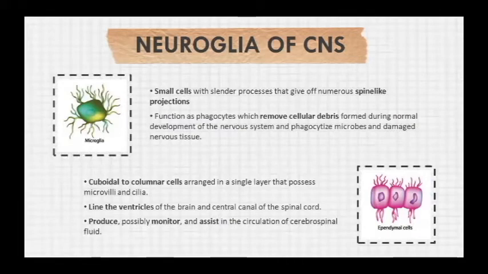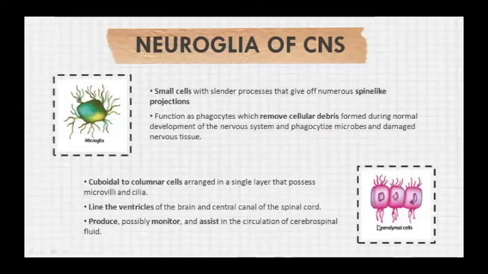So basically, microglia function as macrophages or other phagocytes in the central nervous system. They wander around the central nervous system and phagocytize the foreign substances, the microbes, and other damaged nervous tissue.